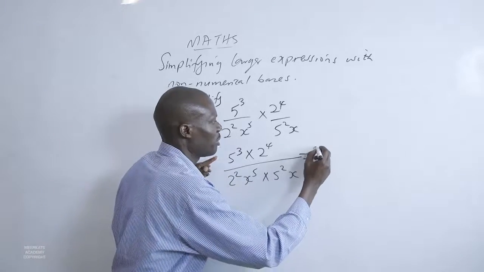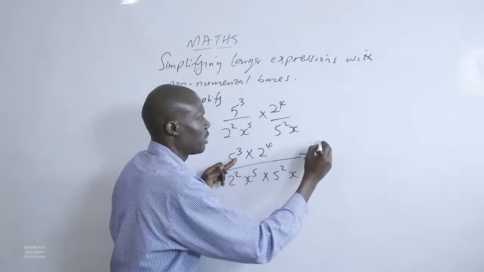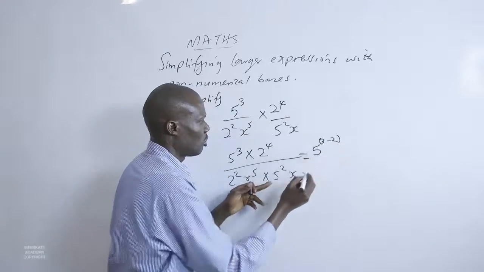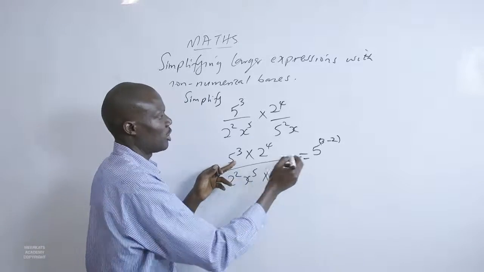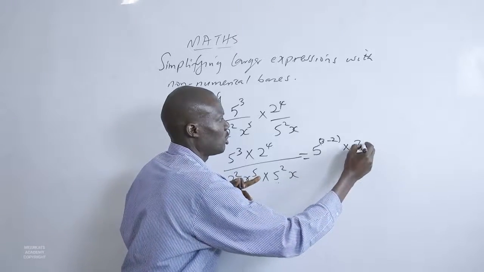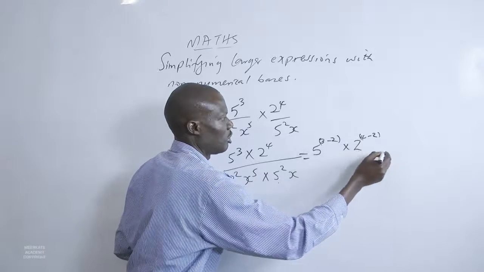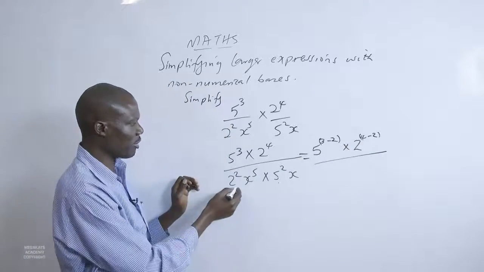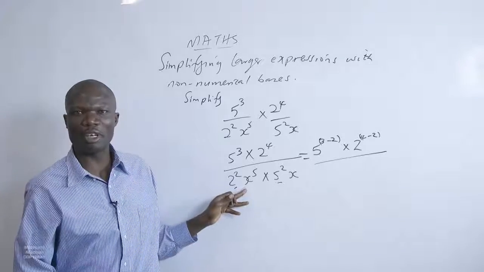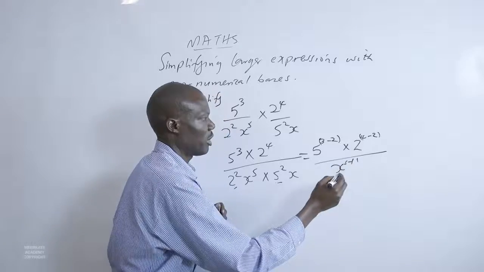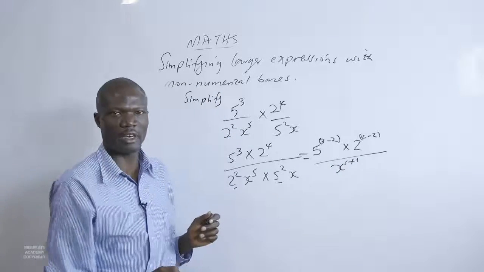So for 5, this will be 3 minus 2. So we are done with this. Times 2^(4 minus 2). And then the denominator remains x^(5 plus 1). There we are.